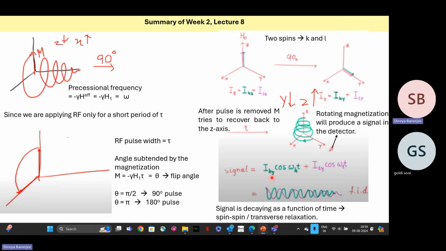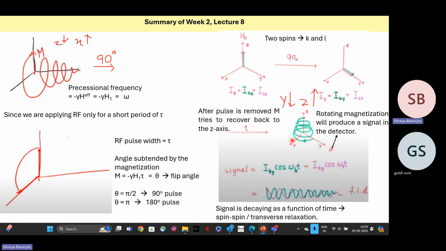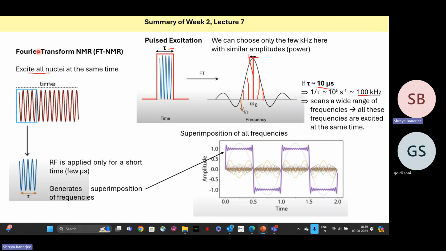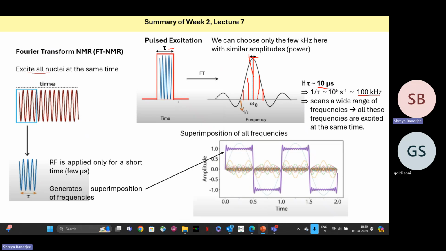So what we do is we have this pulse, and once the pulse is completed, then we measure the signal.